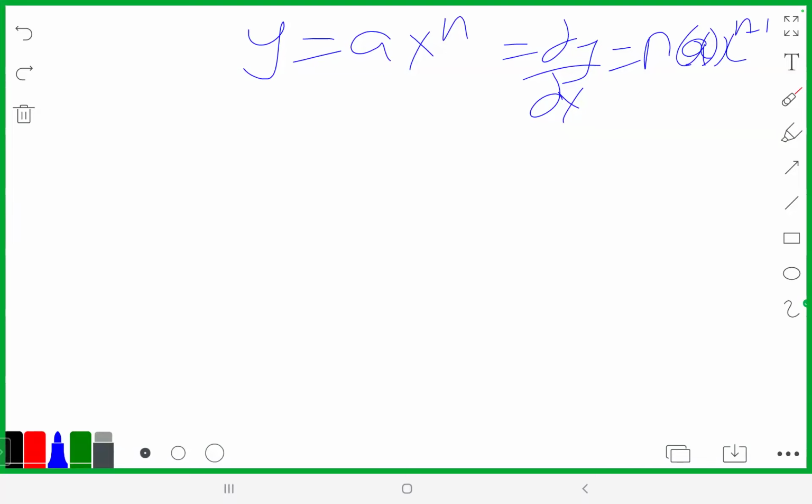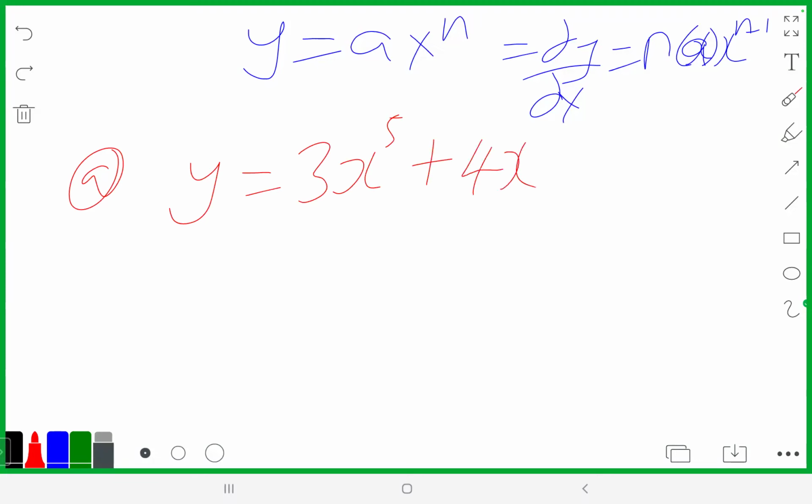So let's have some few examples. We'll have 3x to the power 5 plus 4x plus 5. How do we find the dy over dx of this particular function? Are we okay up to now?